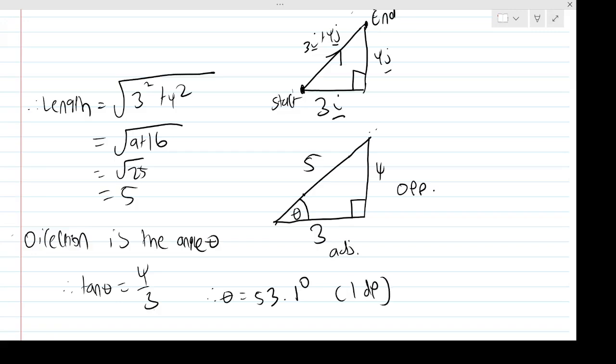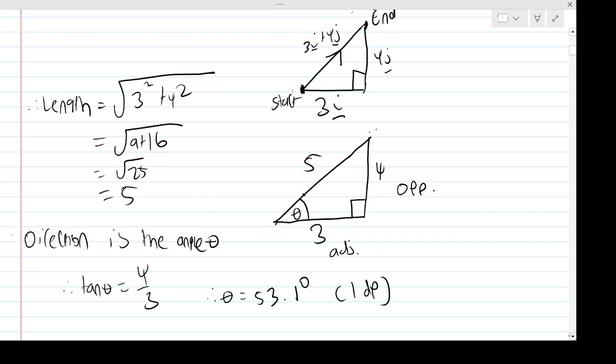So the trajectory is 53.1 degrees. That's telling me the direction, the angle to go up in, and how far we need to go is the length. With these two combined, we can deduce the vector.